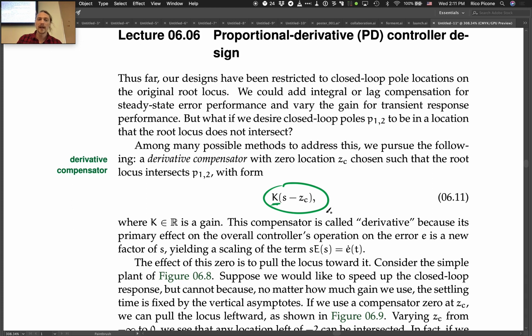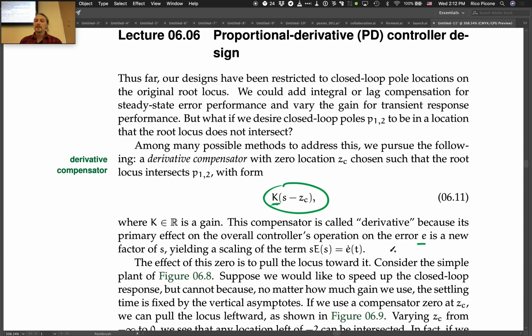So where the gain is K and the zero is ZC. This compensator is called derivative because its primary effect on the overall controller's operation on the error, E, is a new factor of S, yielding a scaling of the term S E(S), or in the time domain, that's just a time derivative, right? So that's why it's called a derivative compensator, because it takes that time derivative.